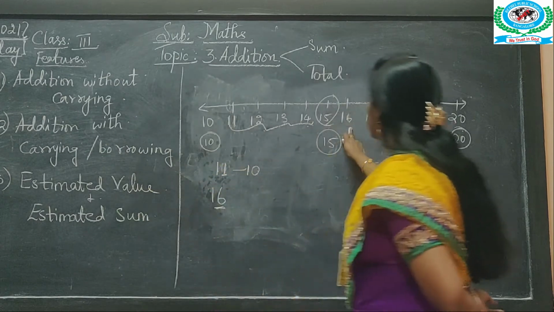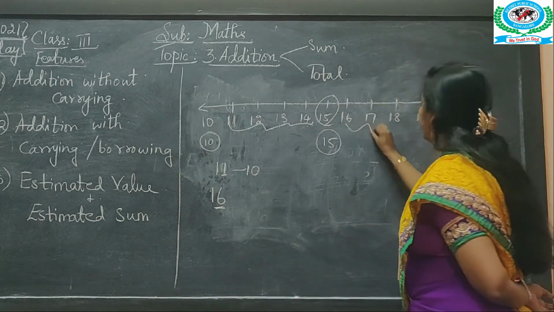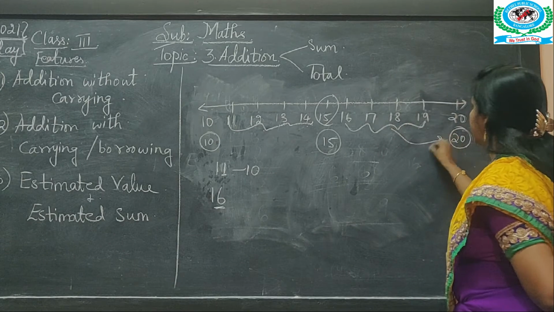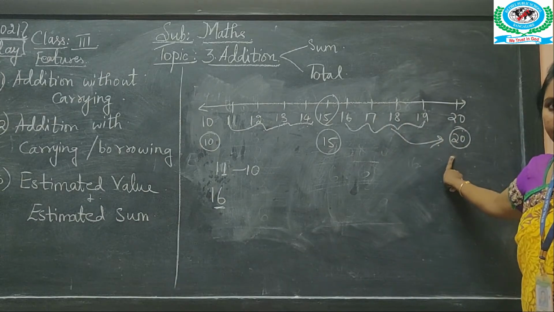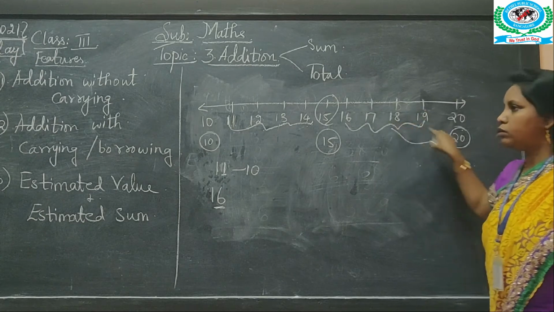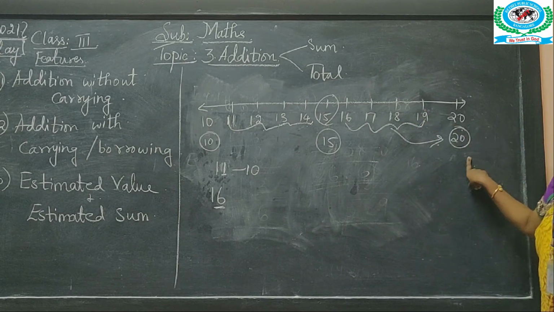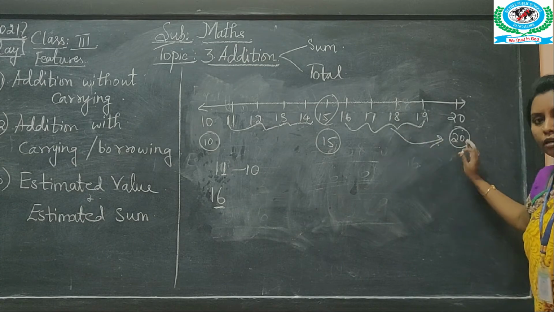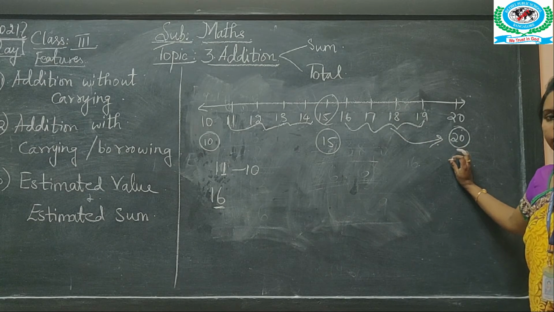And for 16, 17, 18, 19, the place value will be 20. For 17 also it will be 20, for 18 also 20, and for 19 also 20, because it is nearing that number.